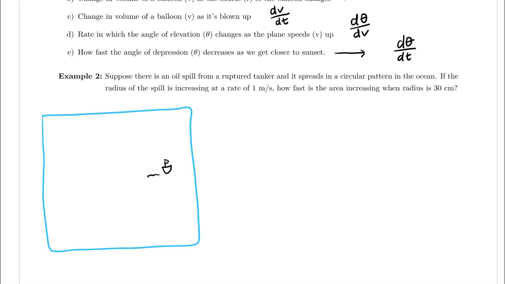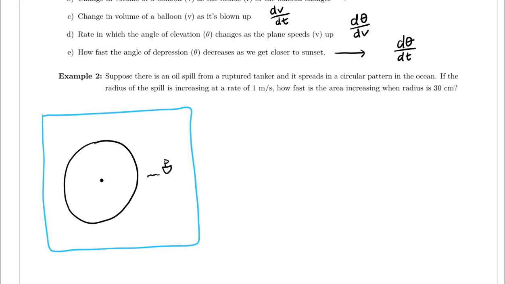Let me try again and draw a better circle. All right, so here's my circle that represents the oil spill. And remember, the oil spill is getting bigger. And so this is just thinking of it like a picture or a moment in time. So maybe you can think about it like having a drone flying over the ocean, and your drone happens to snap a picture at that one instant in time.